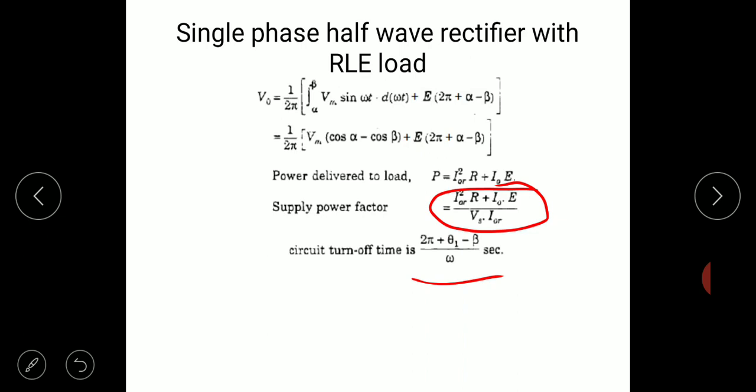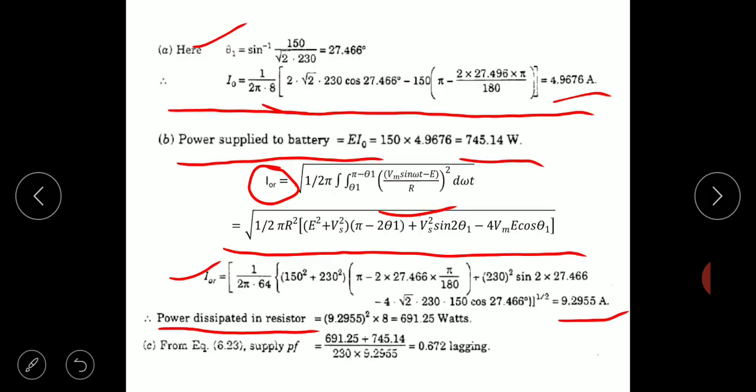By putting all the values, this is power dissipated in back EMF, this is power dissipated in resistance, this is load power, and the denominator is input power, this is Vs multiplied by the RMS current. So this becomes supply power factor. Supply power factor here in this case is 0.672 lagging.